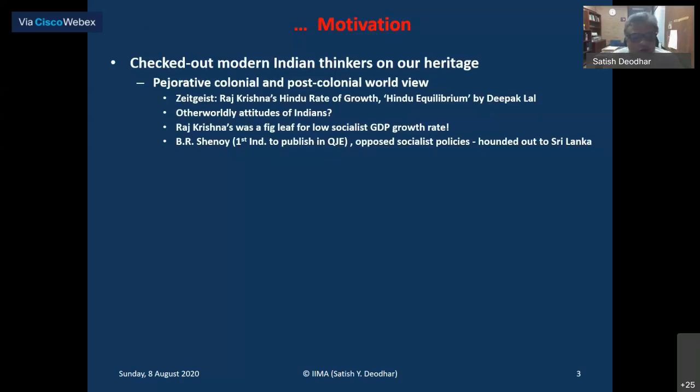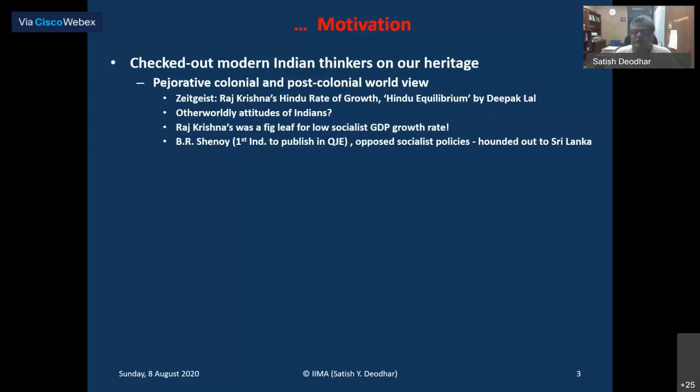In fact, you will recall that there was one Professor B.R. Shenoy. He was one of the very intelligent economists India has produced, and he was the first Indian to publish a paper in QJE, the Quarterly Journal of Economics, a very celebrated journal, and he opposed socialistic policies.